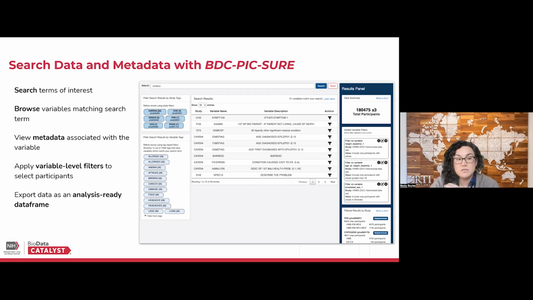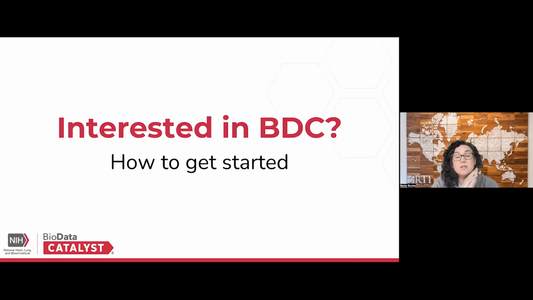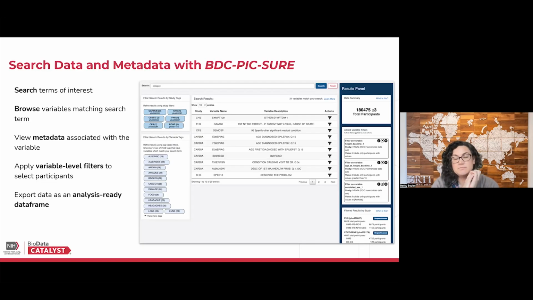You can browse these variables and then use the metadata associated with that variable to apply filters, again, to create quick meta-analysis data frames that can be ported into one of our cloud workspaces. It's also great for assessing power calculations as well, which is another important functionality that a lot of our users make use of PIC-SURE for.